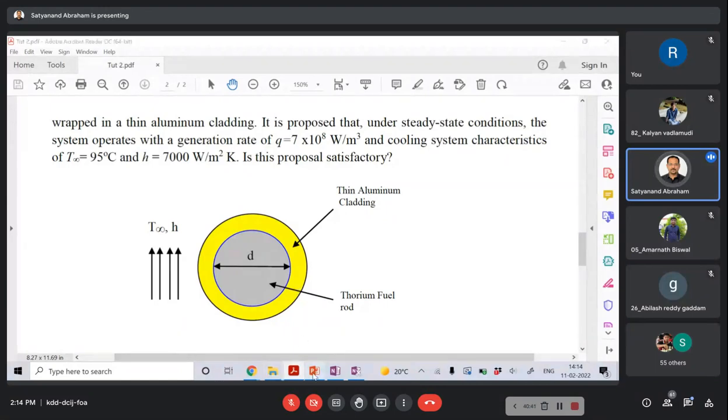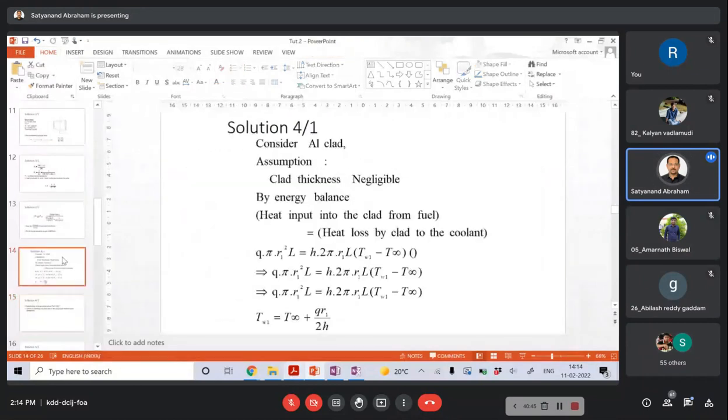From this equation, we can see that if you reduce the ambient temperature, then the wall temperature is reduced, or if we increase the heat transfer coefficient, the full term is going to be reduced, so that the wall temperature is going to be reduced.